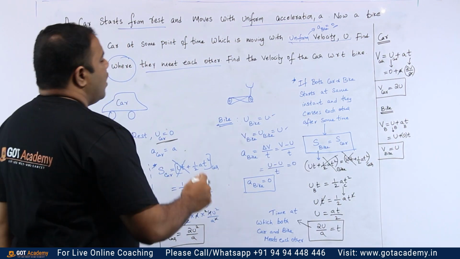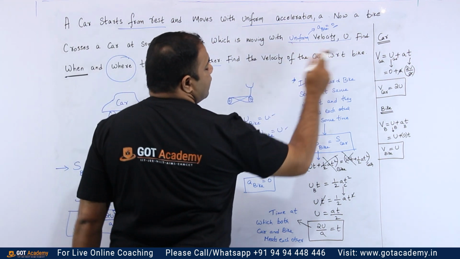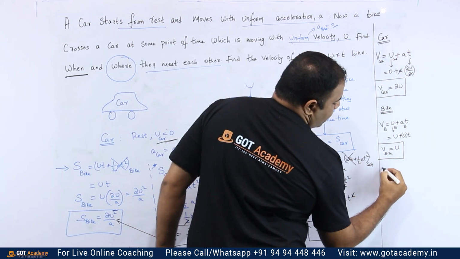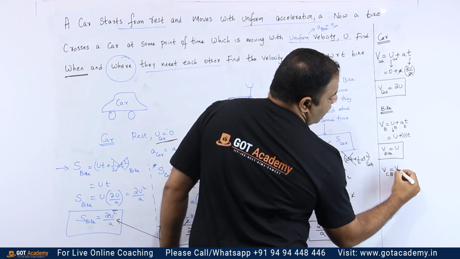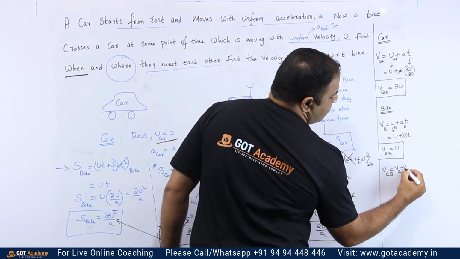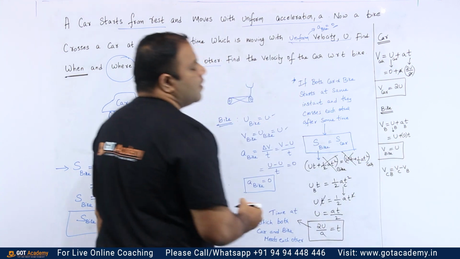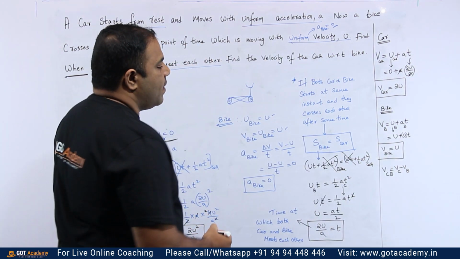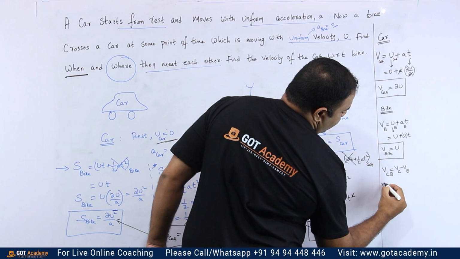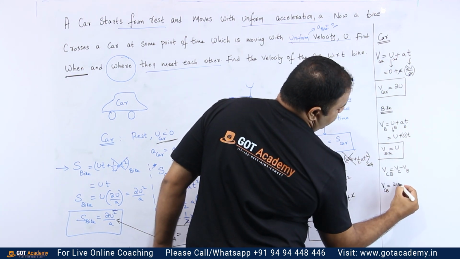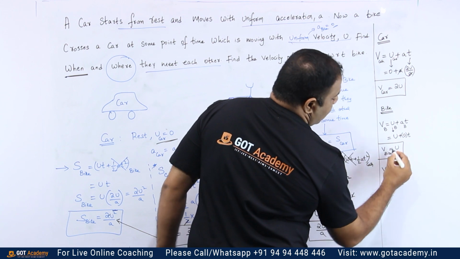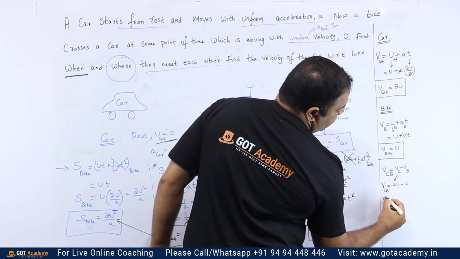Okay. Now, we have to find out the velocity of the car with respect to the bike. Velocity of the car minus velocity of the bike. So that is equal to: velocity of the car is 2u, velocity of the bike is u.